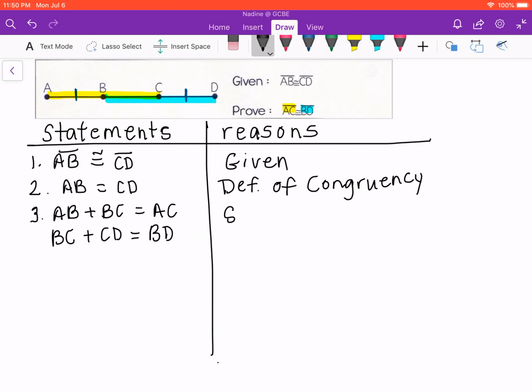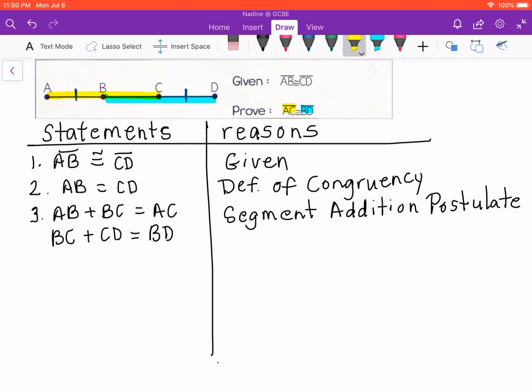And that's going to be the segment addition postulate, so we can accept that as true. Now remember, we are trying to get AC congruent to BD.